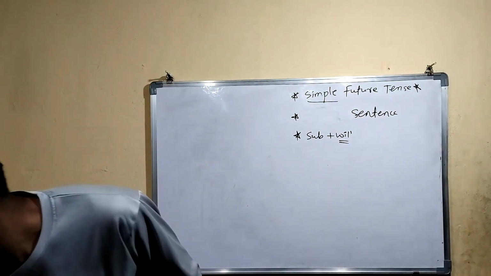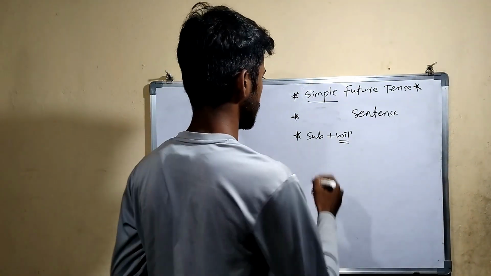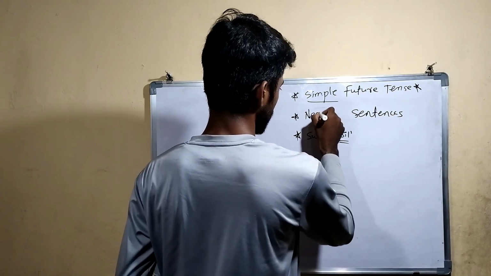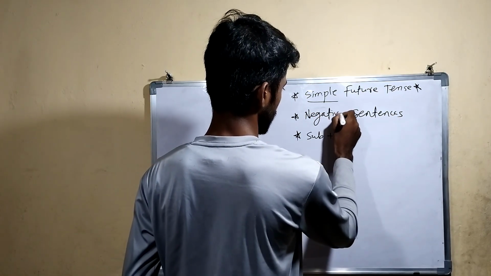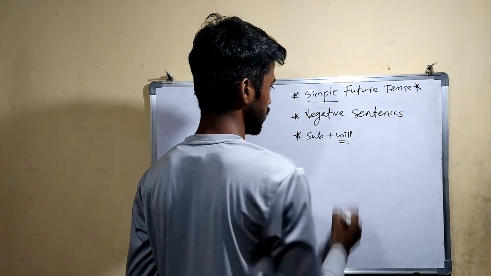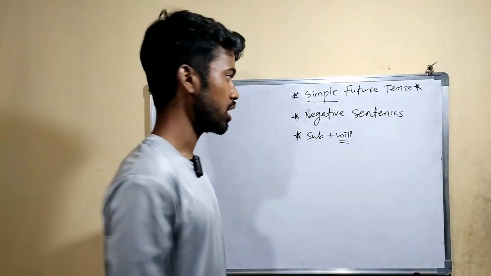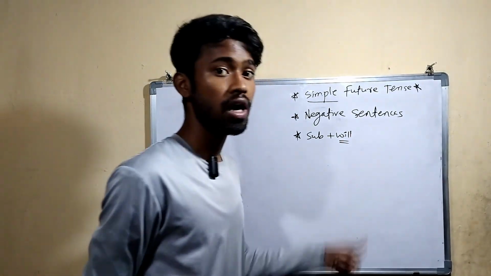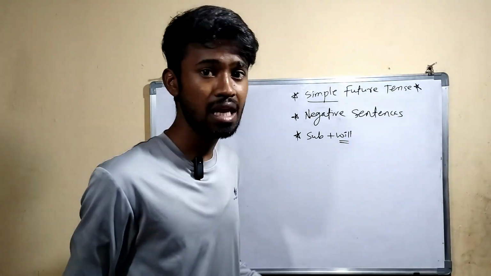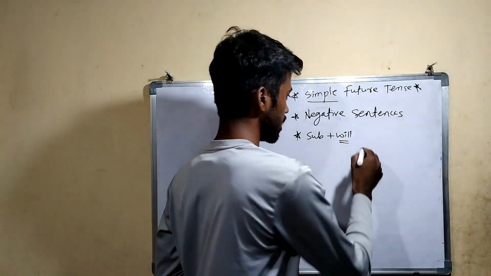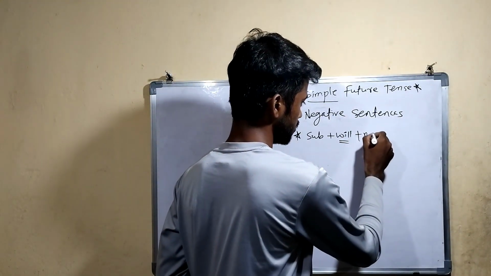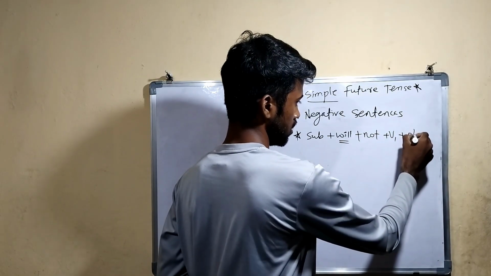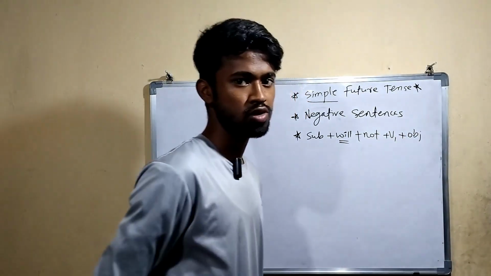So now let's see here, negative sentences, this is helping verb, right? And what I told you, whenever you are making any negative sentence, always add not after the helping verb. What is the helping verb here? This is will, right? Plus not. After that, first form of verb, and in the last obj means object.